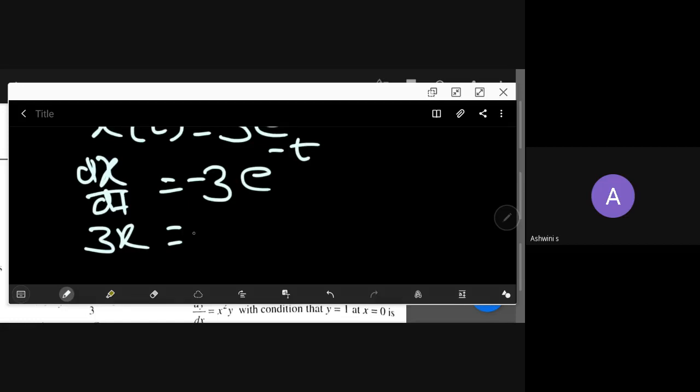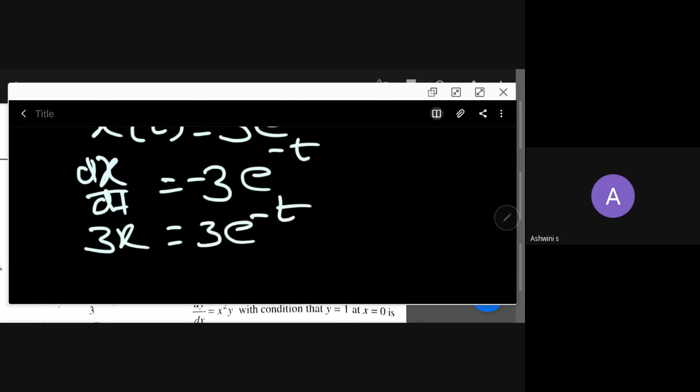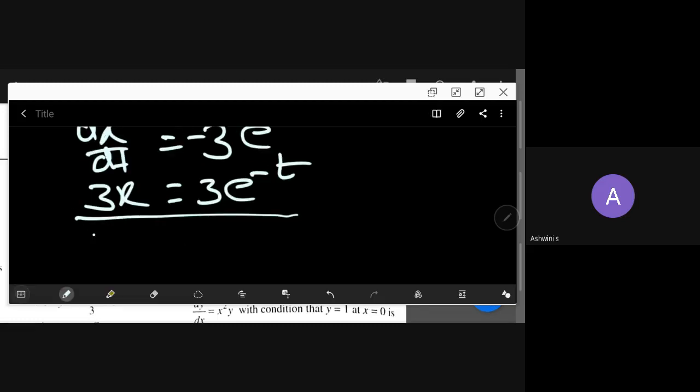So if you add these two things, dx by dt plus 3x is equal to 0. That is what. So A is the answer here.